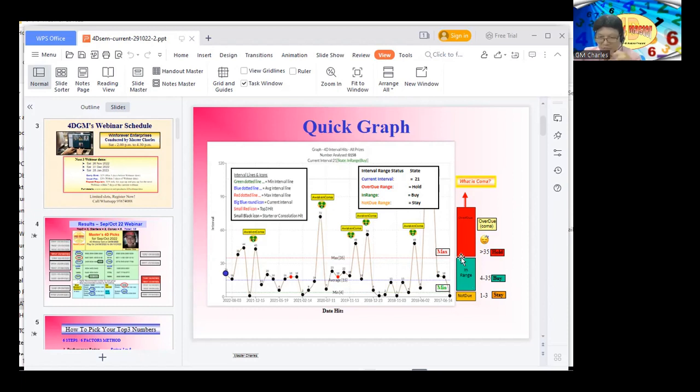And after that, if you follow this number, let's say the number goes beyond the maximum interval line, which in this case is 35.